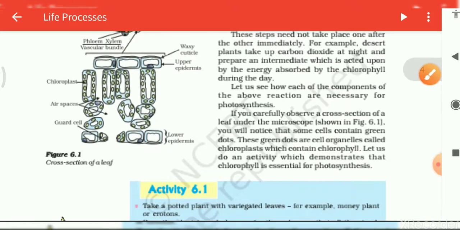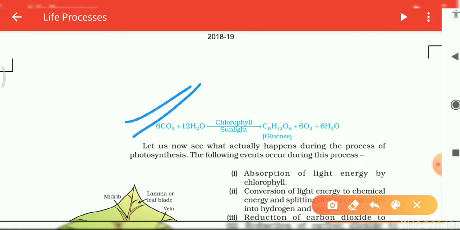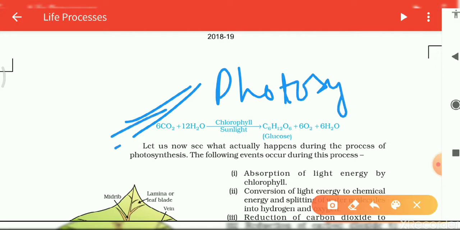Now see here, that is a very important reaction. It is always asked in the exam. That reaction is called the photosynthesis reaction, and it takes place inside the plant.